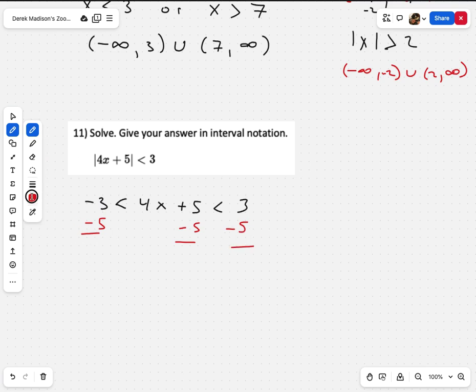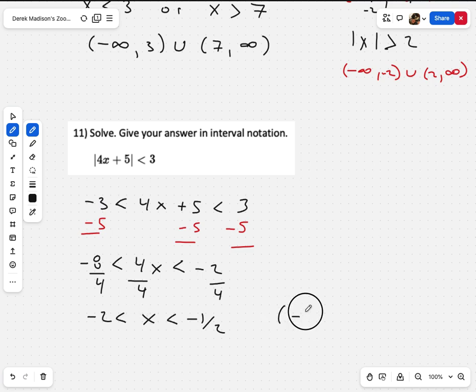So over here, that's going to give us negative 8 is less than 4x is less than negative 2, and then we'll divide out the 4 everywhere, same as we would if we just had this piece. But then we get this continued inequality where x is greater than negative 2, but less than negative 1/2. So in other words, x is in between negative 2 and negative 1/2. And our interval notation for that would look just like that.